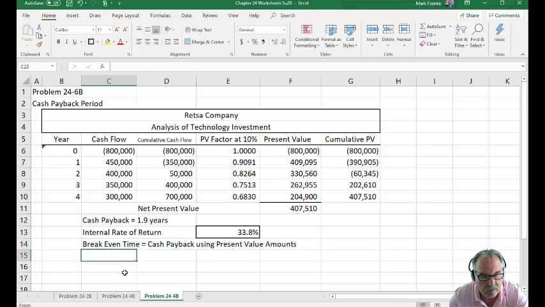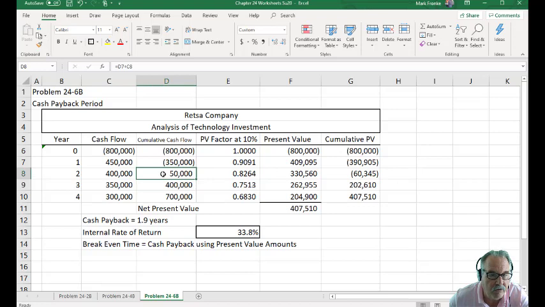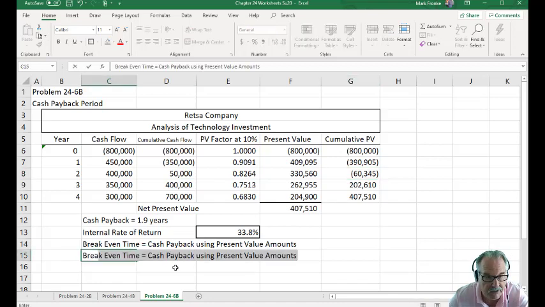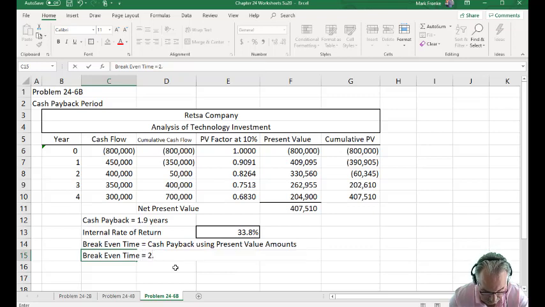So at the end of year 2, rather than being 50,000 positive like it was with just the raw cash flow, it's actually a negative 60,345. So I'm going to guesstimate that to be the break-even time of 2.2, because we become positive in the start of the 3rd year.